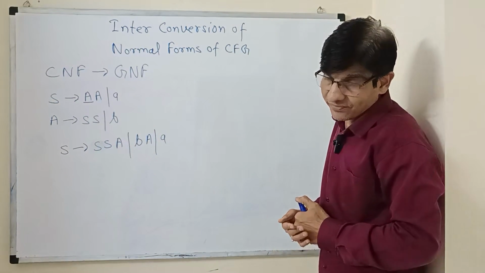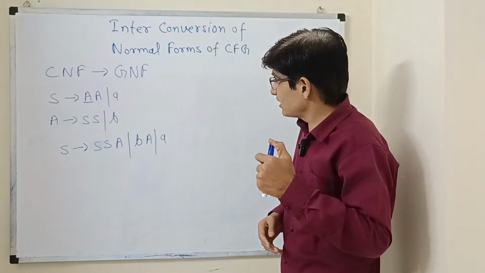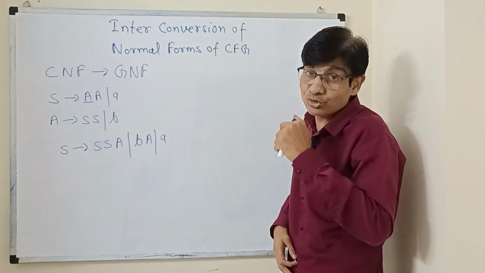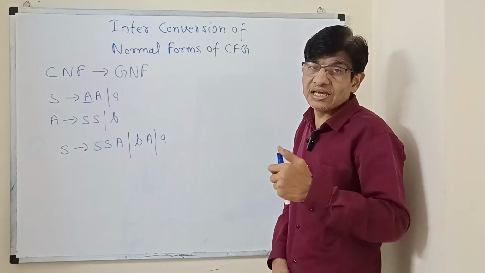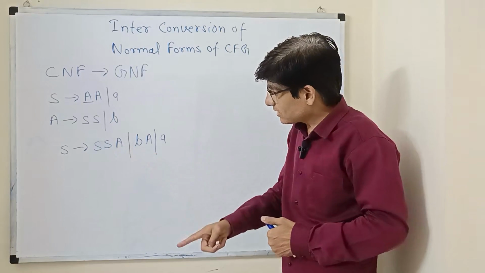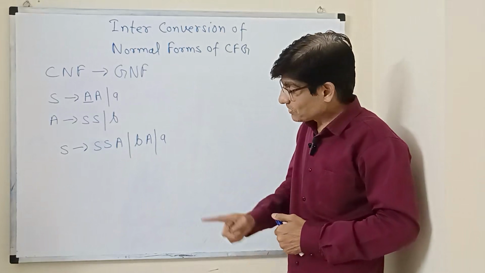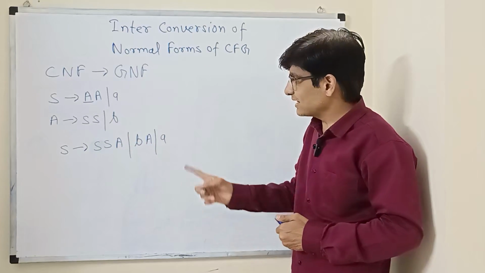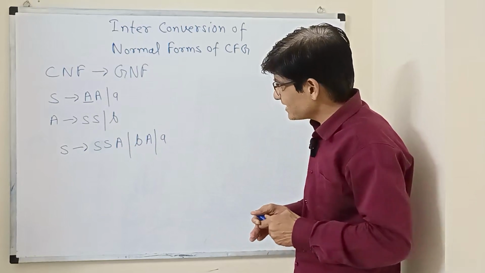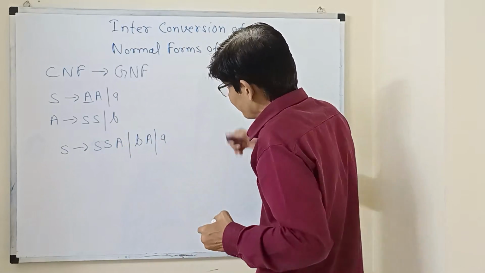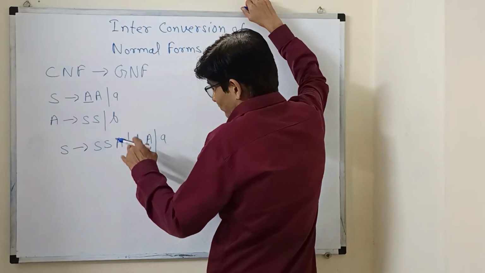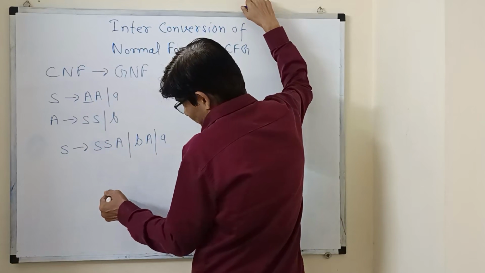As I told you earlier, friend, if you are converting some grammar into GNF, sometimes your grammar may have left recursion, like this has become a left recursive grammar. Now you need to remove this left recursion. We have already seen how to remove left recursion from the grammar, so I will use that particular method to convert into a non-left recursive grammar.